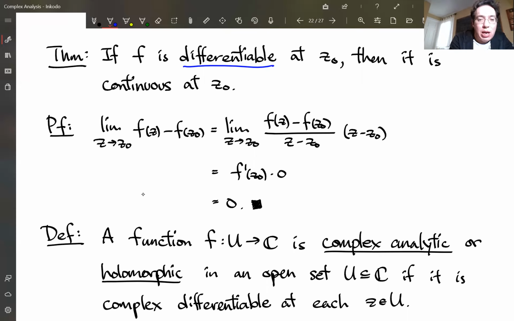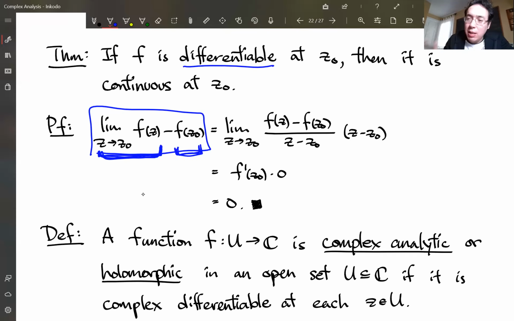Basically, to show that something is continuous, we want to show that the limit as z approaches z0 is equal to f of z0. The limit agrees with the actual value there. That's equivalent to saying the limit of this difference is going to 0. It's just a different way to say the exact same thing. We're writing it this way so that we could use a trick here.